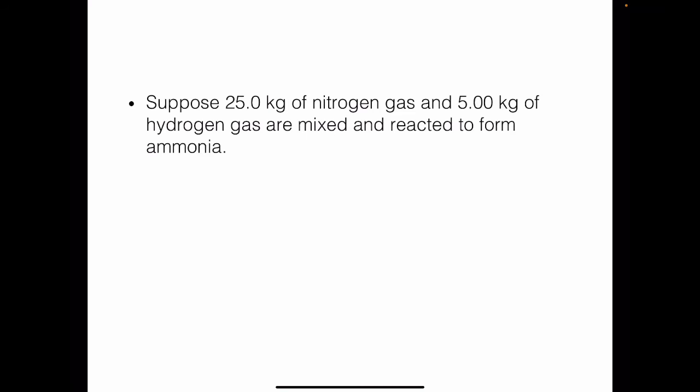Now, how do we translate this idea to a balanced equation and the reactant and product possibilities? So in this reaction, we have 25 kilograms of nitrogen gas and 5 kilograms of hydrogen gas, and they're mixed and reacted to form ammonia.